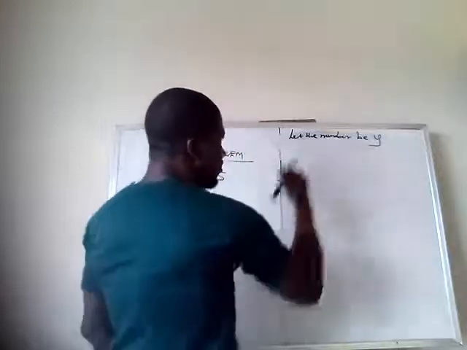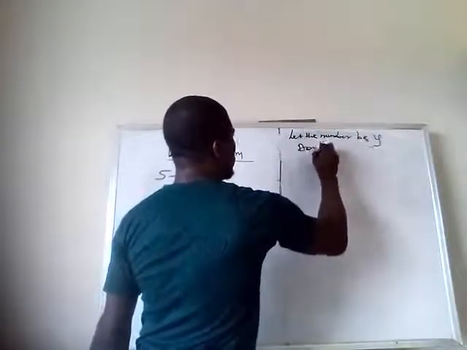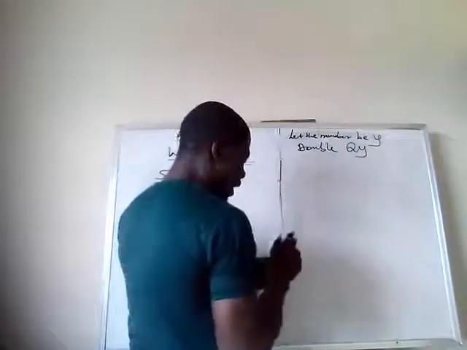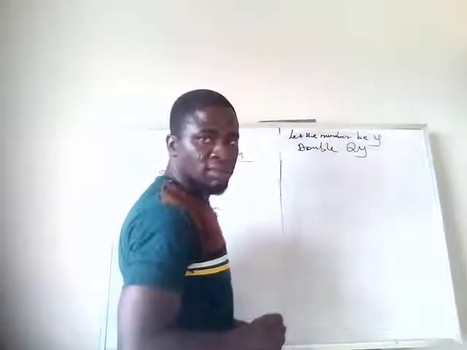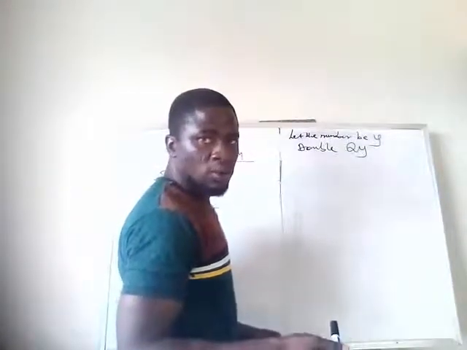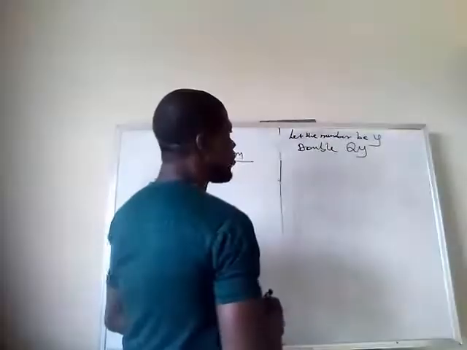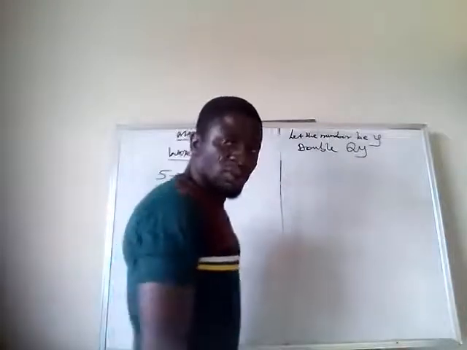The doubling of this number will give me 2y. If you are asked to double 3, it means 3 plus 3 or 2 times 3. That's double. So from here now, we go to the next stage of the question.